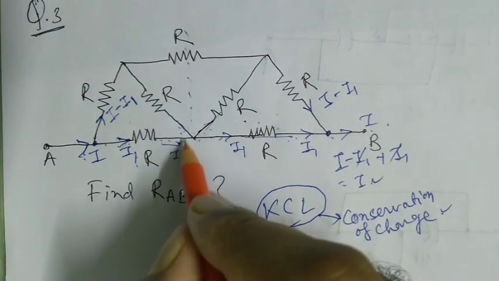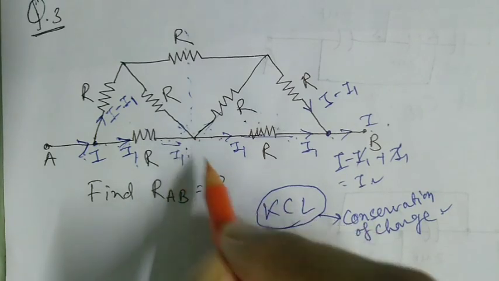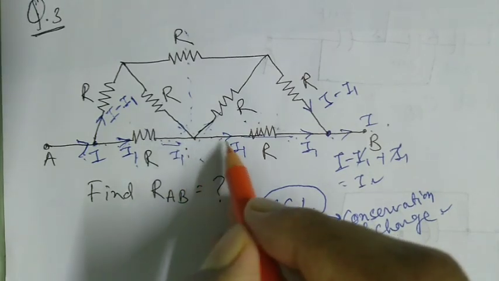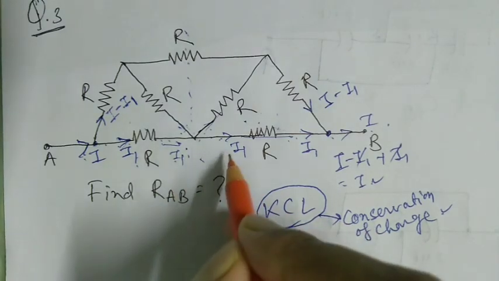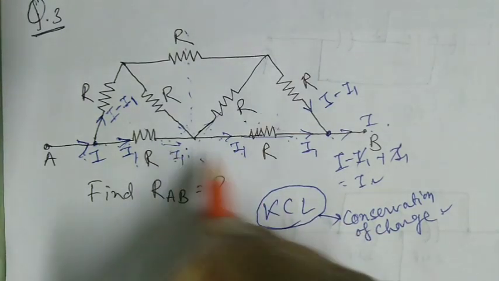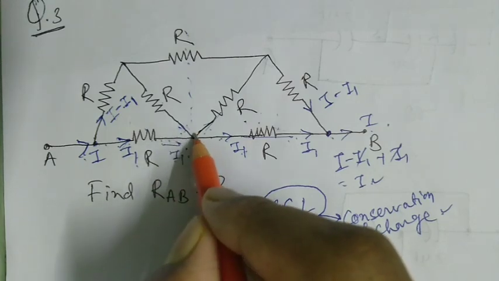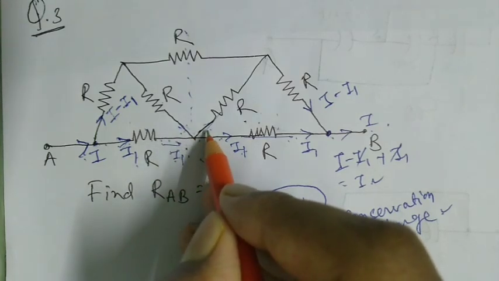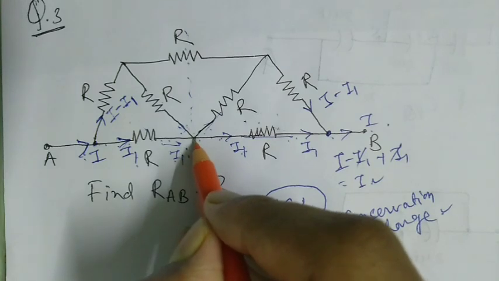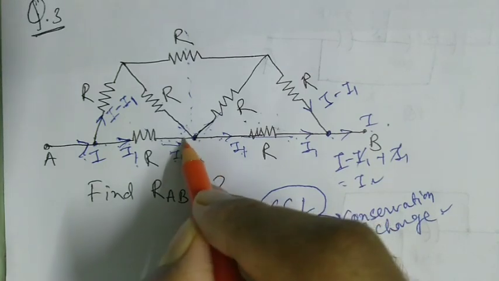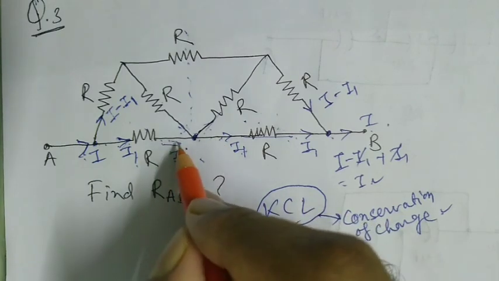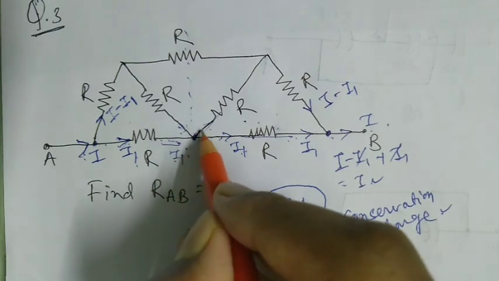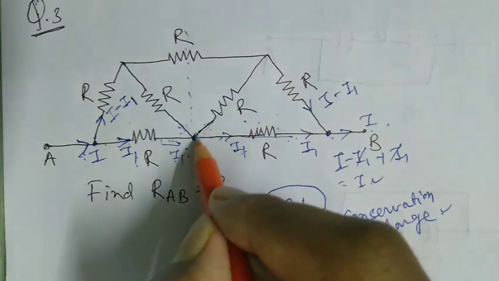Okay, why? Because if any current, say I2, had come here, then the current would not be the same. The current flowing through this branch and through this branch are the same. That means no current has either entered or left from this node.